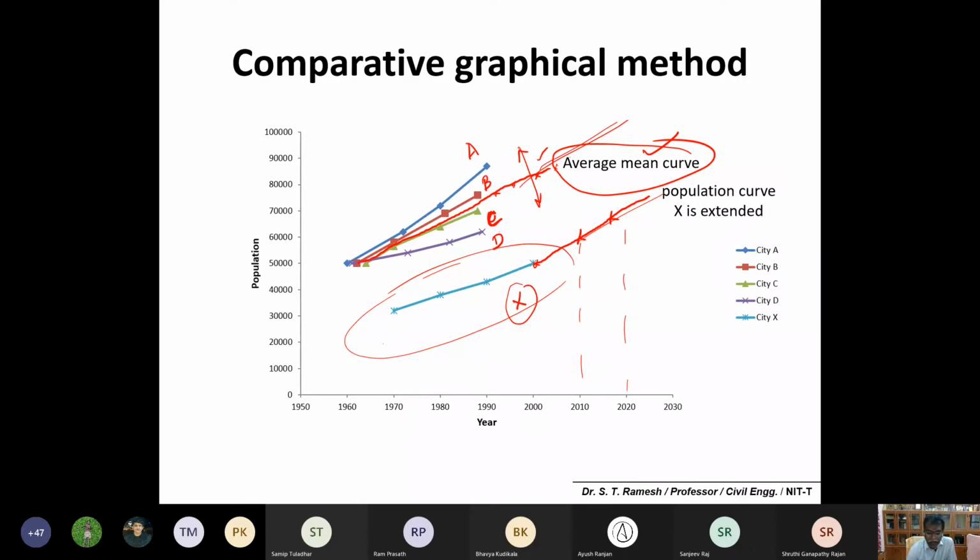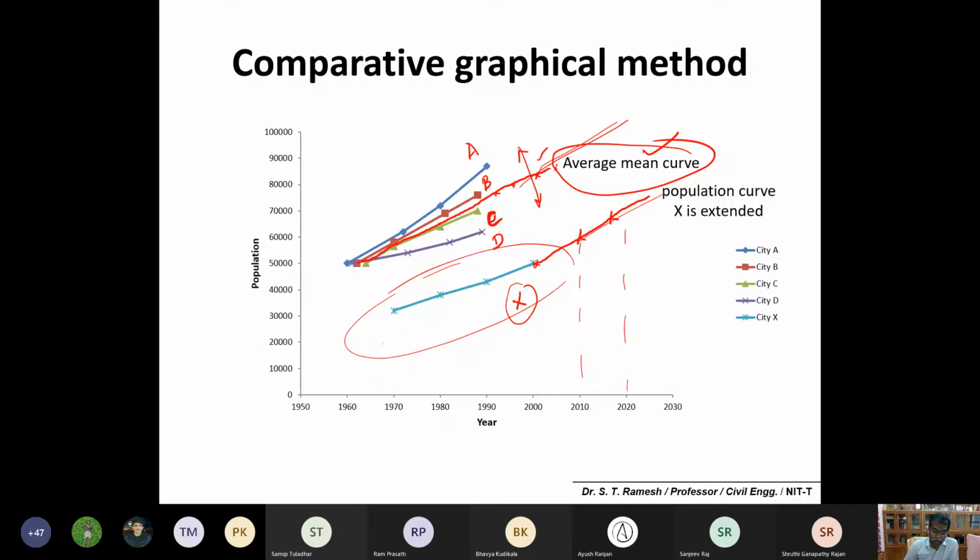Yes, sir. So please remember this very simple concept. X is your unknown city, and A, B, C, D are known cities of a similar trend to the unknown city. You just plot them in the graph. A, B, C, D are known, and X is what you are going to project.